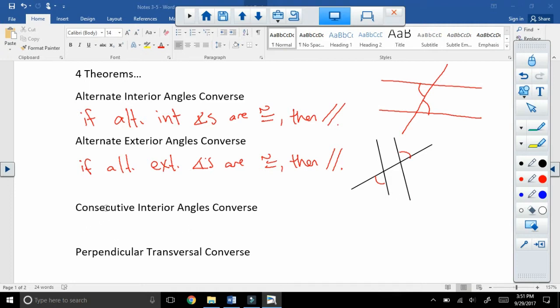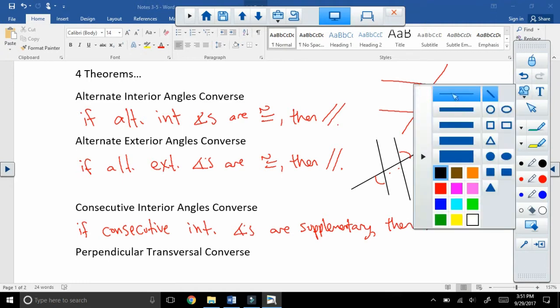And then the last, remember those consecutive interior angles would be like here and here. Those won't be congruent. Those would have to be supplementary. So if consecutive interior angles are supplementary, then you would know the lines are parallel.